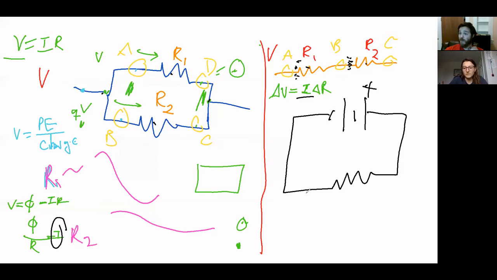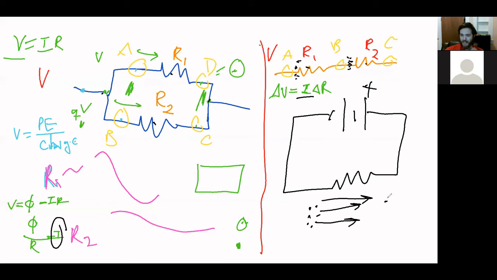What is physically happening with the Drude model? I don't know if you saw that video. The Drude model was that we have a bunch of electrons traveling like an ideal gas through a pipe.